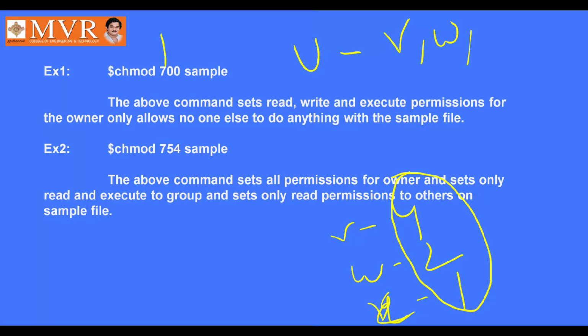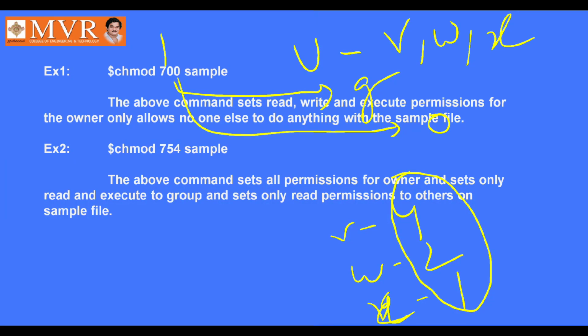The 0 represents nothing because there are no permissions for the group. Similarly, the next 0 represents that there are no permissions for the others. So if you want to give all the read, write and execute permissions only to the user, and you don't want to give any permissions to anyone else, so they don't disturb your file, you can use this chmod 700 sample.